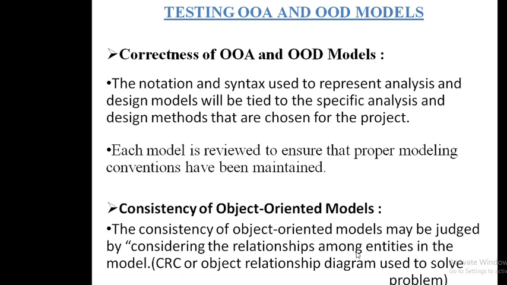The consistency of object oriented models may be judged by considering the relationships among the entities in the model. How can we consider these relationships among the entities? By using two methods. One is the CRC method and the second one is object relationship diagrams.